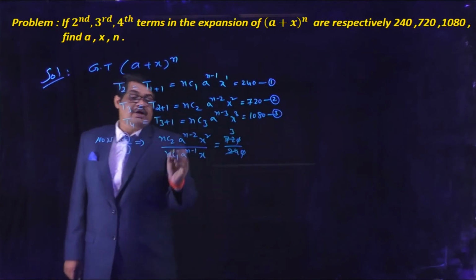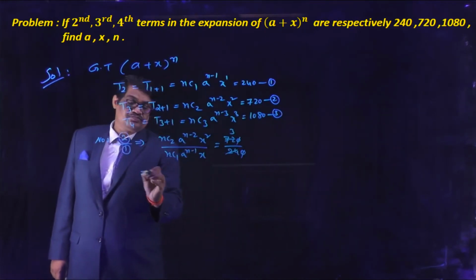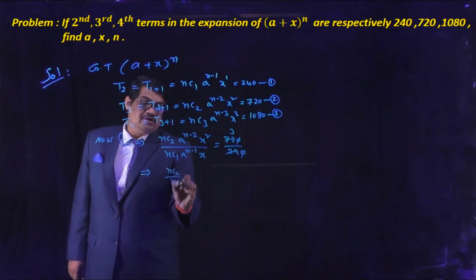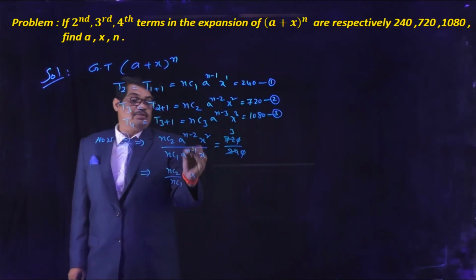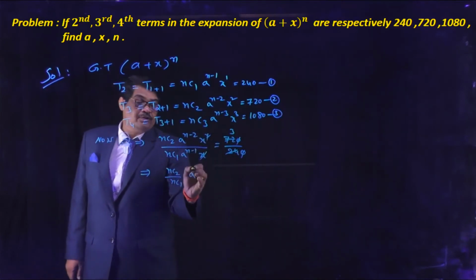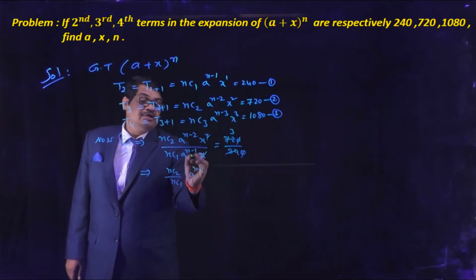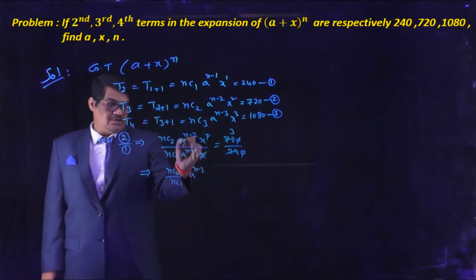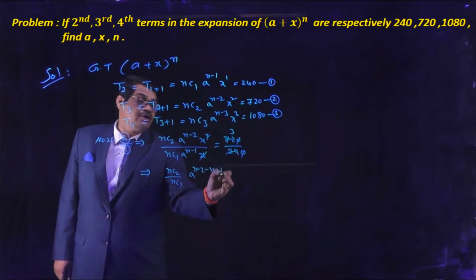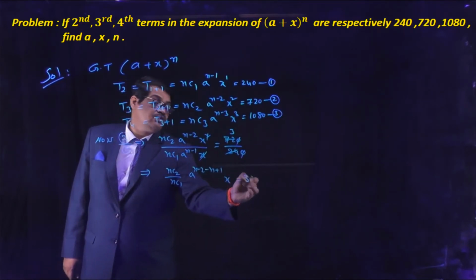Now we write nC2 by nC1. Here x squared by x, one x is cancelled. Here a to the power of n-2, the bases are equal, so this moves to the numerator, that is a^(-n+1) into x = 3.